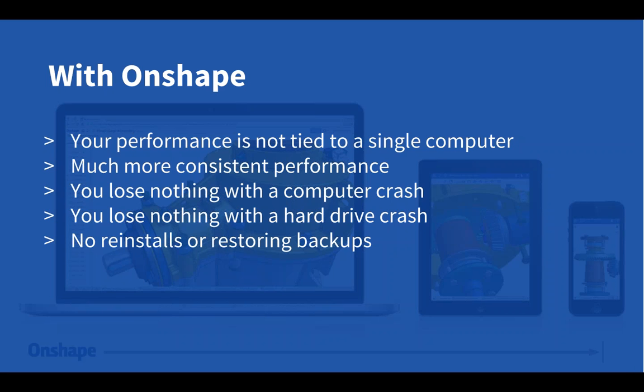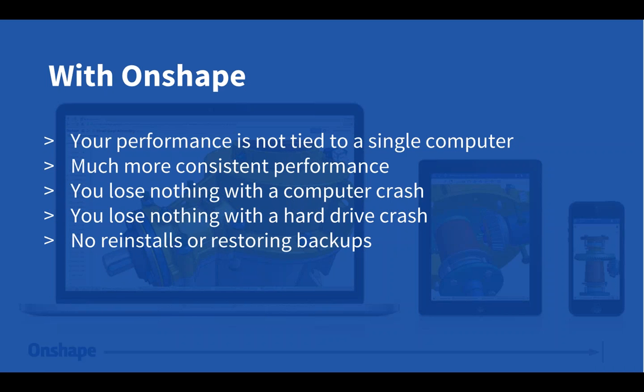And the biggest thing is you're not reinstalling and restoring. If you've ever had some kind of a huge hardware problem, that is a lot of time spent reinstalling applications, getting everything set back up, restoring all your files to the way they were, and inevitably you lose something. Whether it's just the amount of time, or you lose a file, or something becomes corrupt. There's all kinds of problems that can come from this.